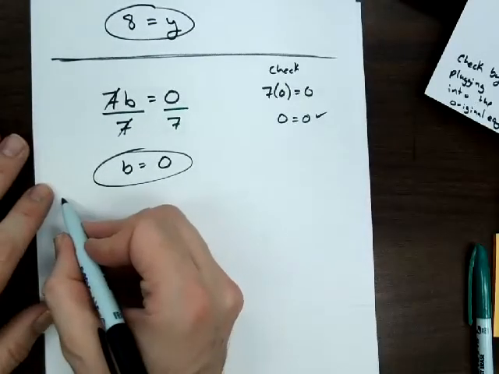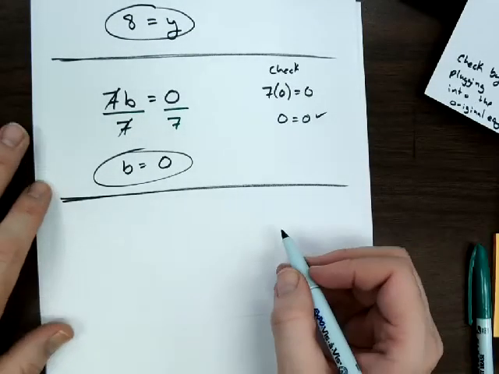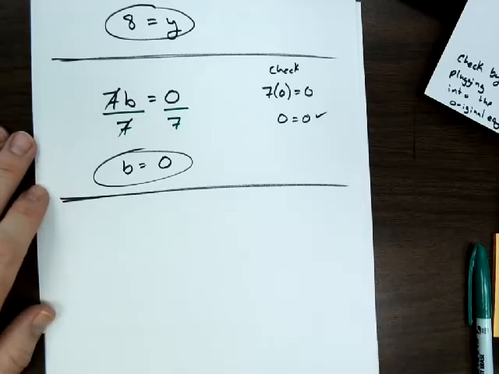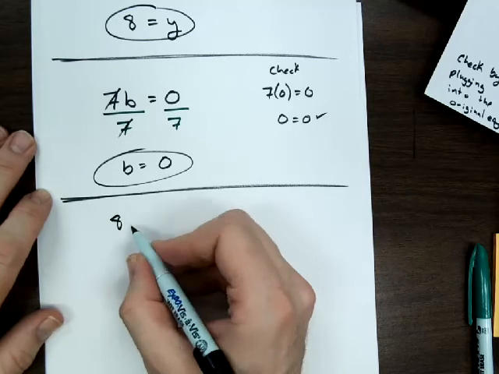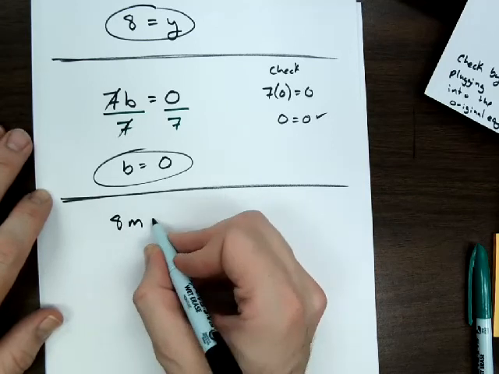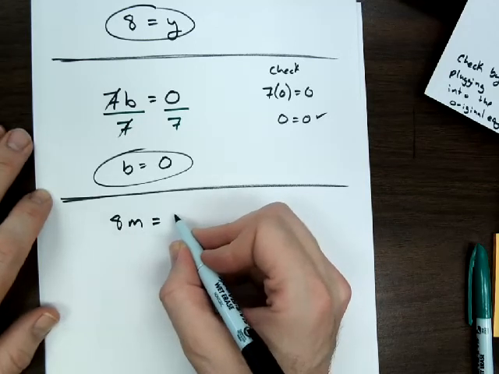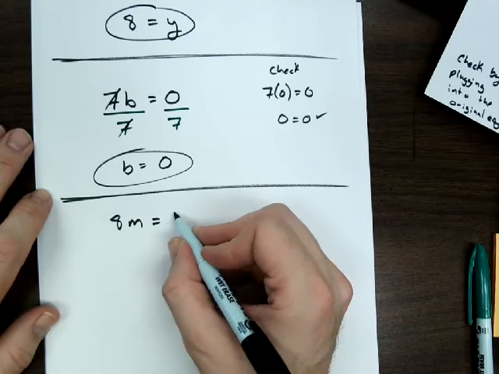Let's do one last one just to show you how versatile this can be. I could have something like 8m is equal to 18.